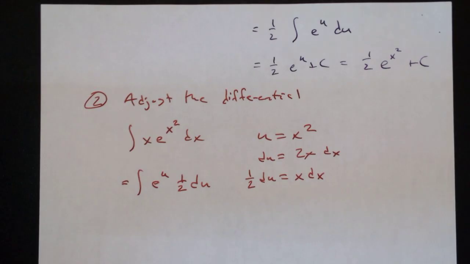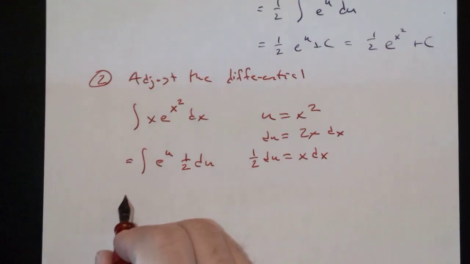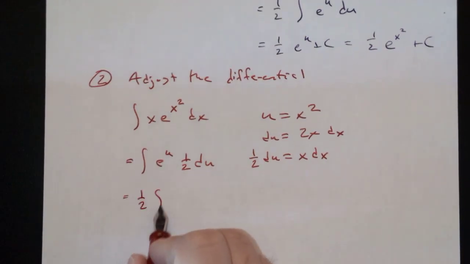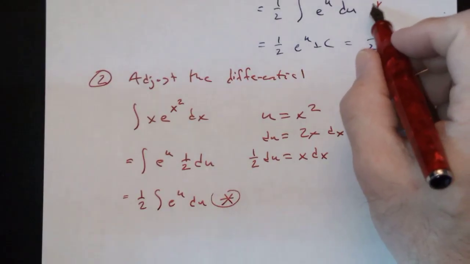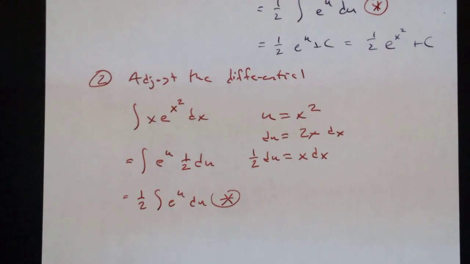But a 1/2 is a constant. I can take it out front. And lo and behold, that's exactly the same place. Which means I'm going to get exactly the same answer, regardless of whether I mess with the integral itself or if I mess with the differential.